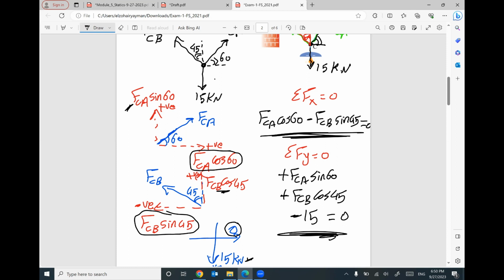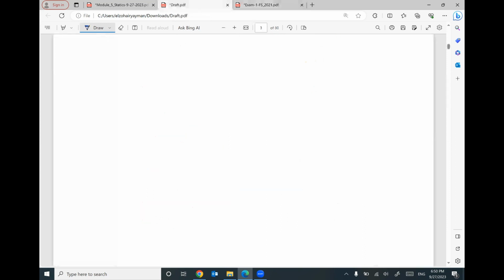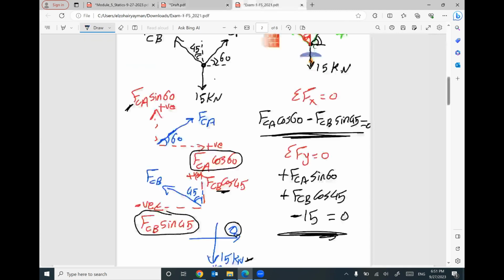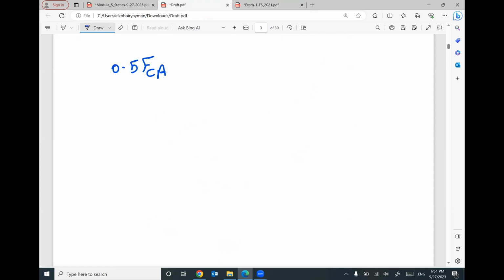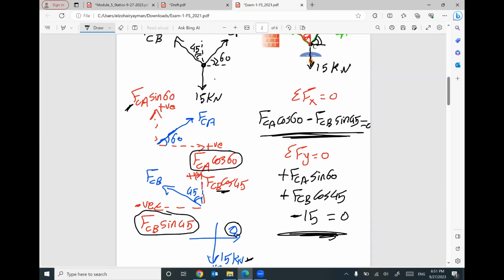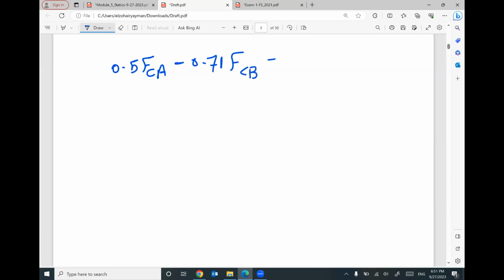So if you would like to solve your equations, I will simplify the first one. FCA cosine 60. Cosine 60 is 0.5. So I have 0.5 FCA minus sine 45 degree. So I have minus sine 45 degree is 0.71 FCB equals 0.